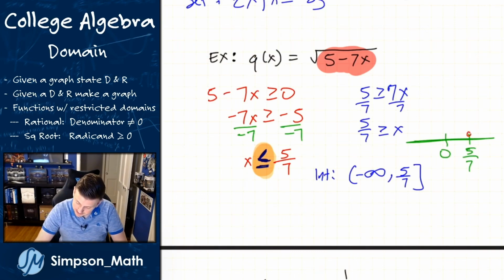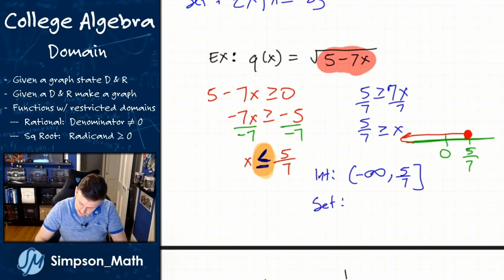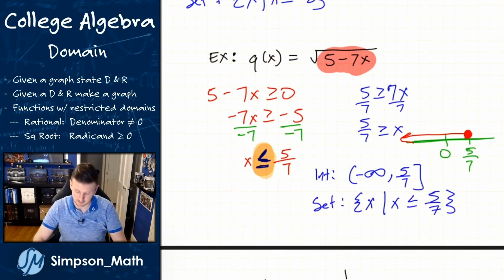I am on 5/7, but it's less than or equal to, so it goes that way. So I'm going all the way to negative infinity and then journeying up until I touch 5/7. For set notation, it's the set of x's such that x is less than or equal to 5/7. And there we go. All right.